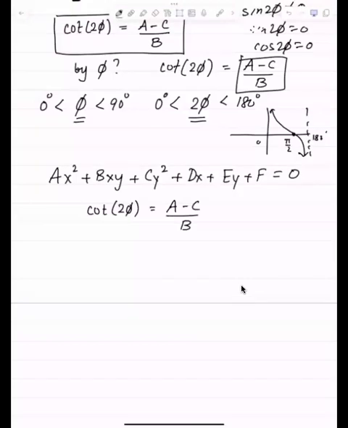That's the angle we'll pick. Picking this angle, we will replace all the x's and y's with x prime cosine phi, now that's the angle we picked here, right?